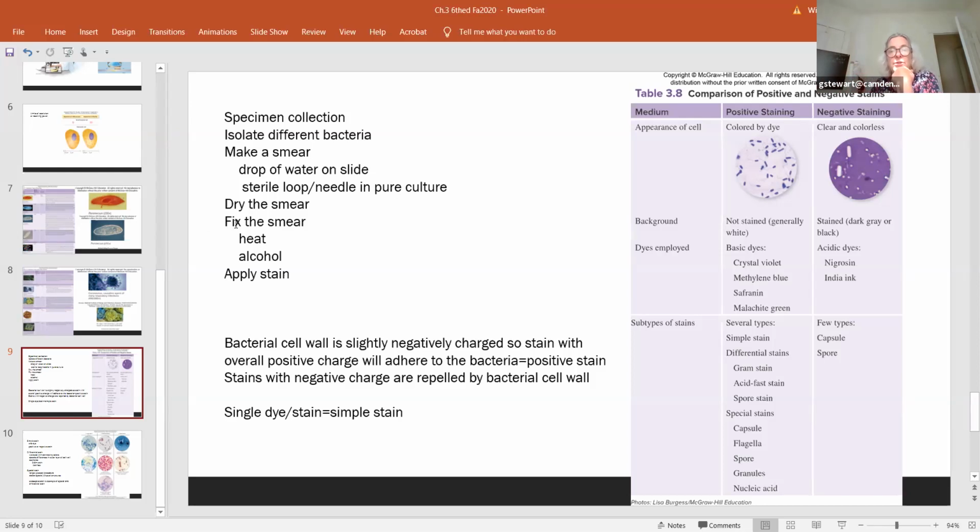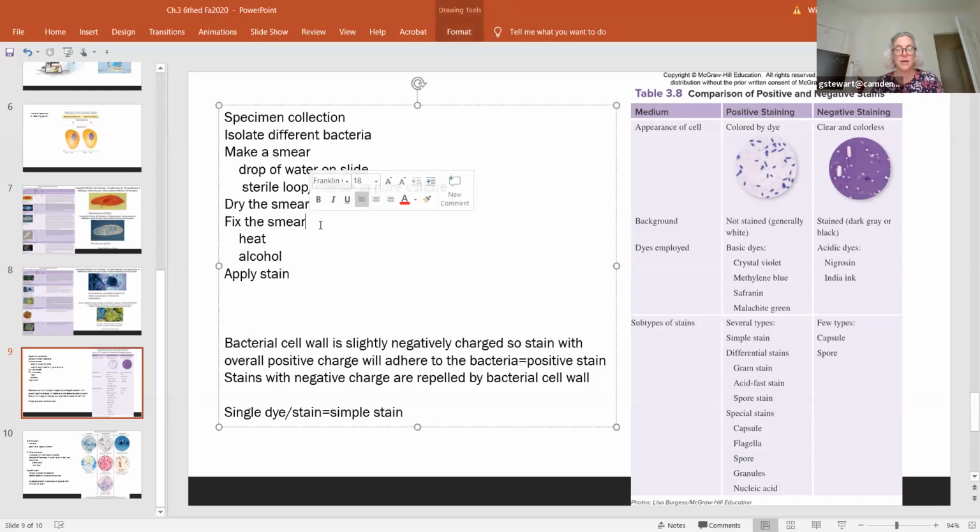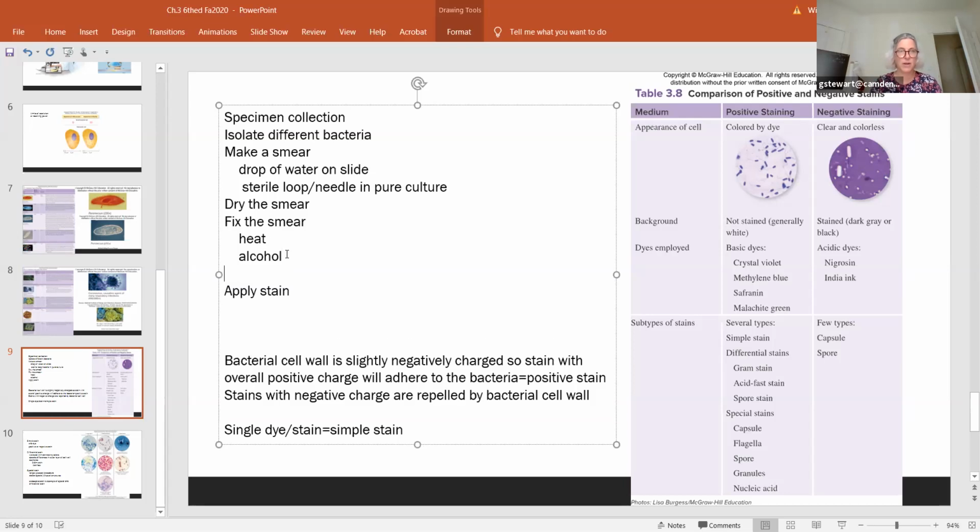After the smear is dried, you need to fix it. And what this means is, and I should have put this on here, it does two things. I put the two methods you can use, either heat or alcohol. But underneath that, I should put that fixing is used to cause the bacteria to adhere or stick to the glass of the slide.